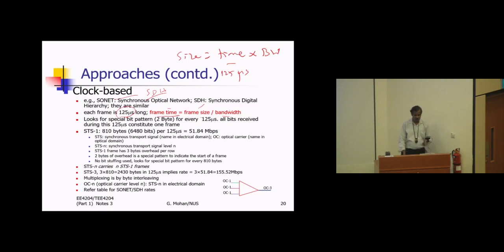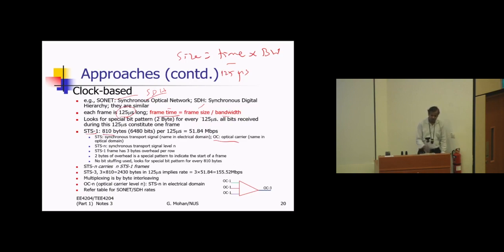Let's see the key concept which is used here. In SONET or SDH, as I said before, STS, synchronous transport signal, is the frame name given in the electrical domain. In the optical domain, we call it the OC signal, optical carrier. Both are the same, so let's not worry about it. Let's consider the basic frame format in SONET.